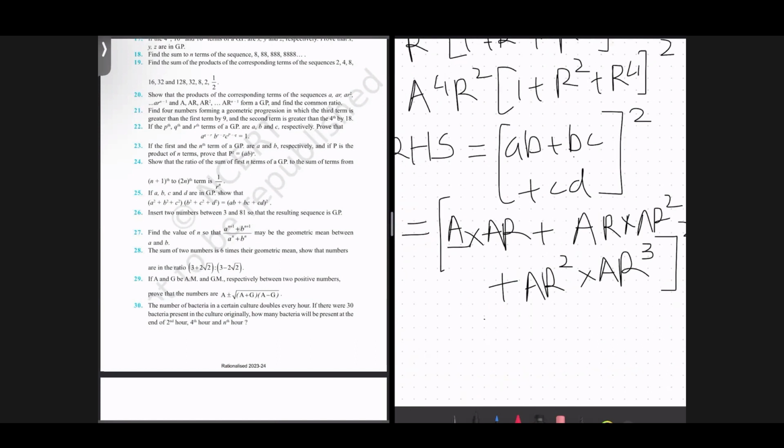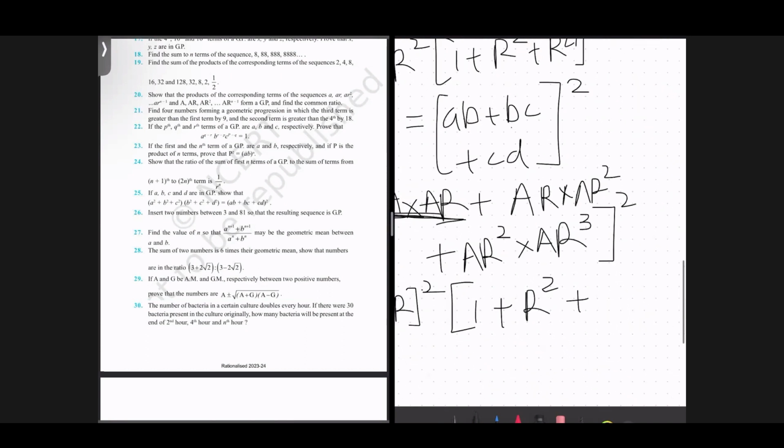Let us take out A square R common from all these terms, right? When you take out A square R common from the first term, you get 1 here. When you take out A square R common from the second term, you're going to get R raised to the power 2 remaining.